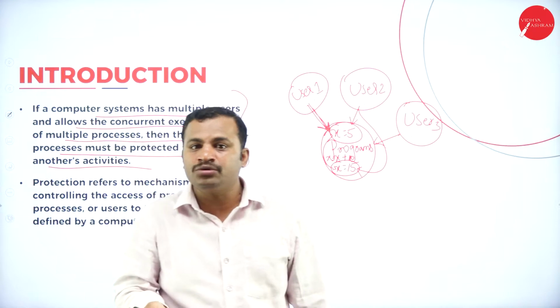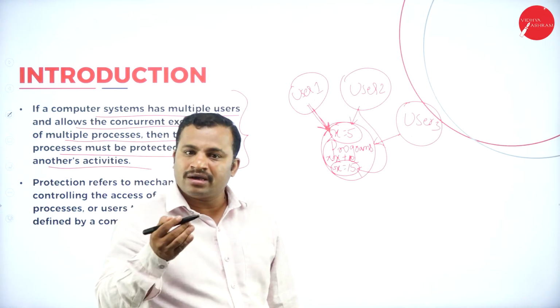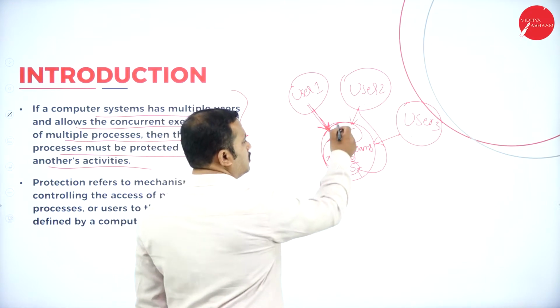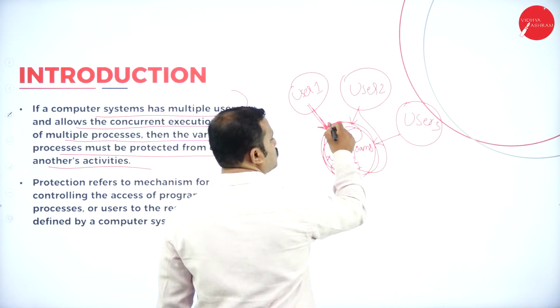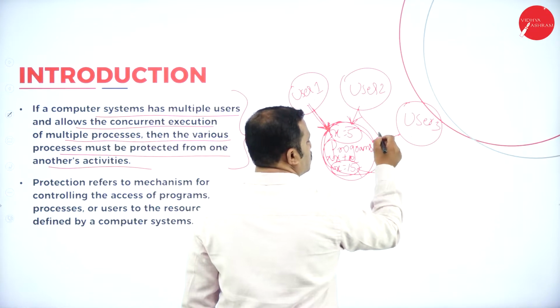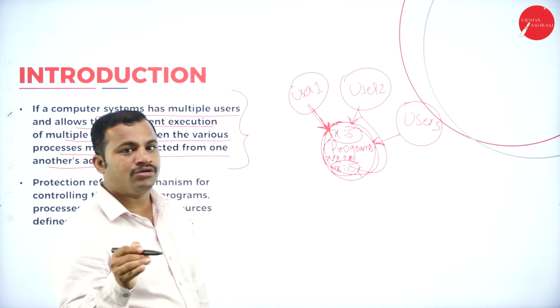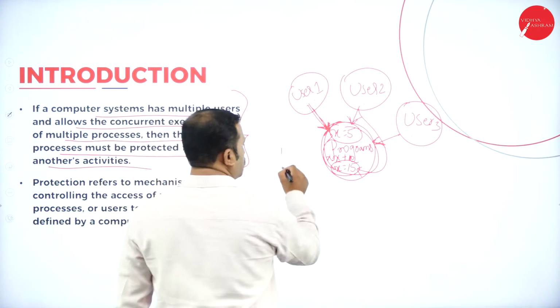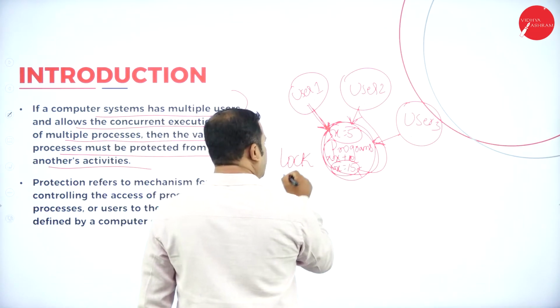So in order to give a correct value to the users, the program must be protected from user 1, user 2 and user 3. How is this protection given to the programs from users? In the form of lock and unlock.